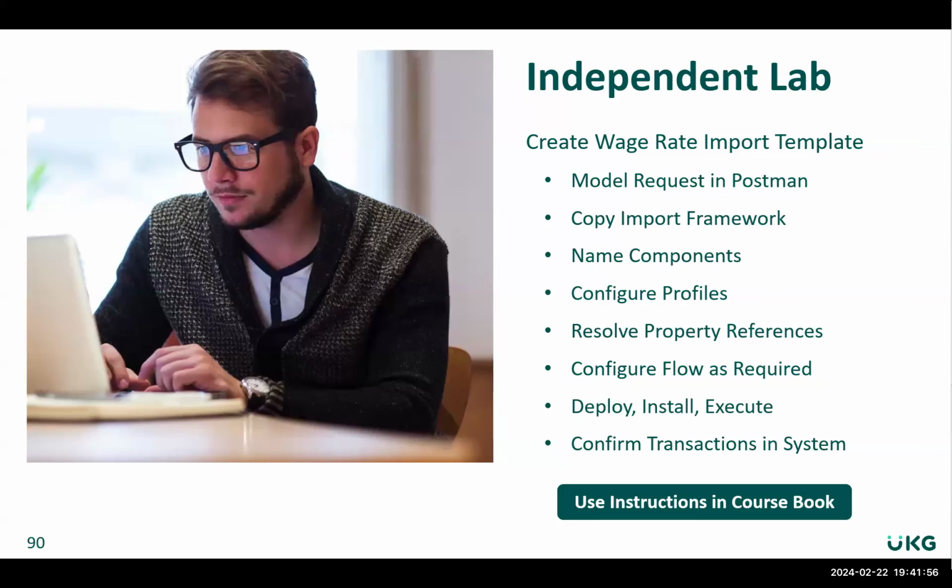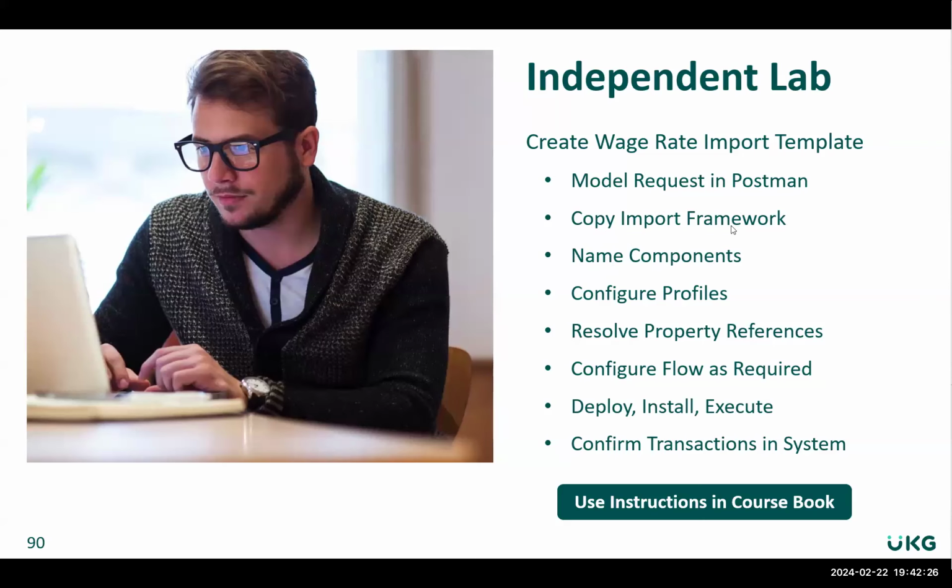All right. So getting back to this wage rate import. It's going to be the same process as we did before with a punch import. Model the request in Postman, save those 4 files that represent a good looking request document, a 200 response document, and a 207 success and a 207 error document.